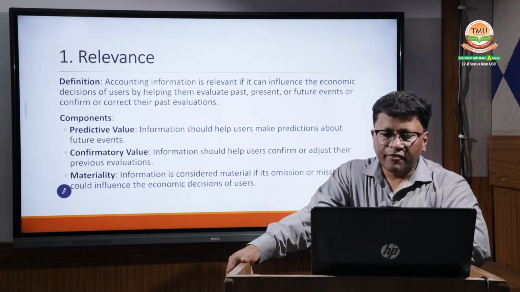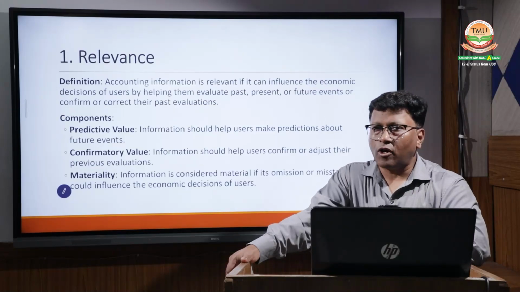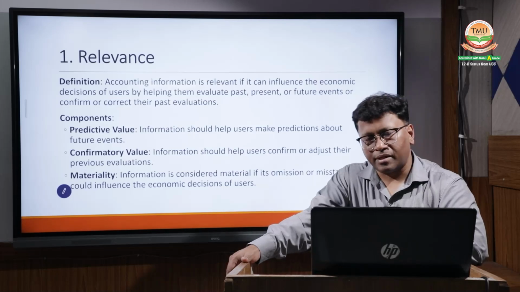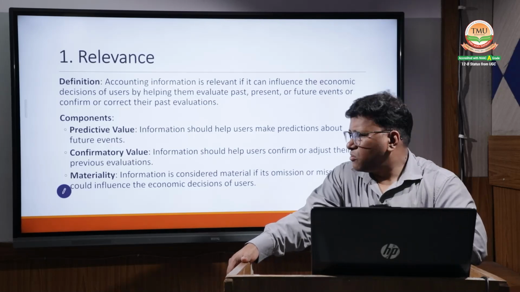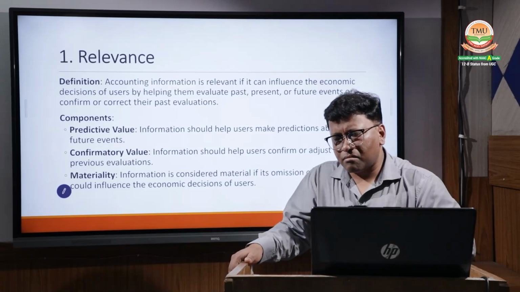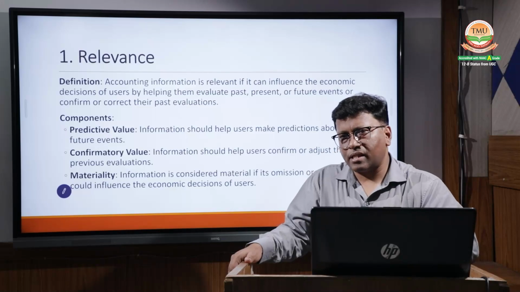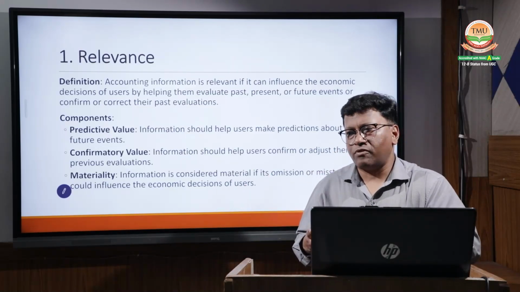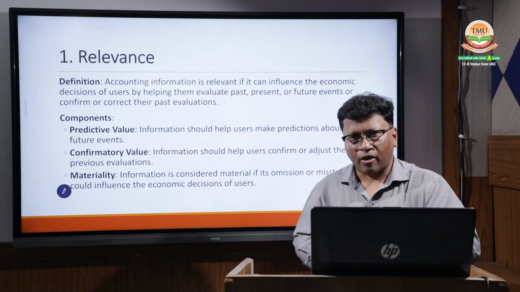And materiality: information is considered material if the omission or misstatement could influence the economic decisions taken by the users, right? So basically, we should take into consideration that we should record those transactions that are of a material nature in the books of accounting, right?